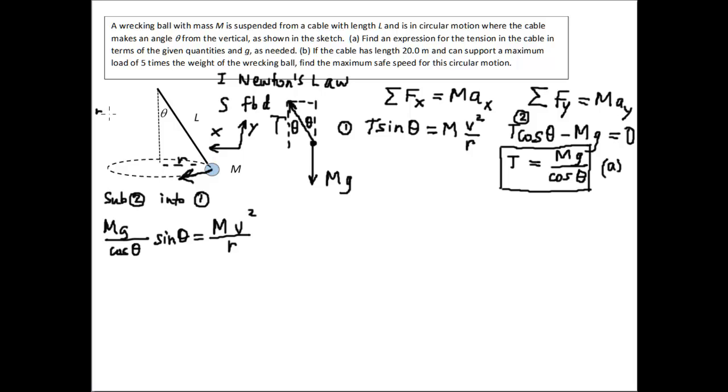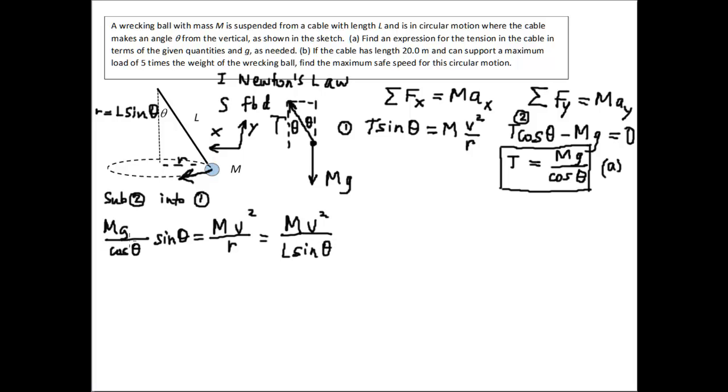So I'll write that up here, r equals L sine theta, and I'll make that substitution next, and then we're going to solve for v squared. So that means over here this becomes m v squared over L sine theta.